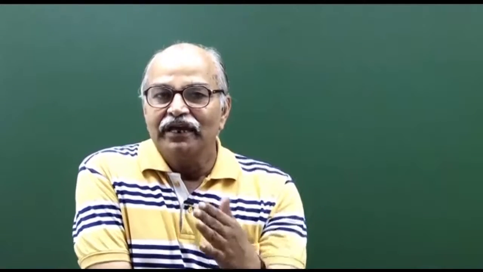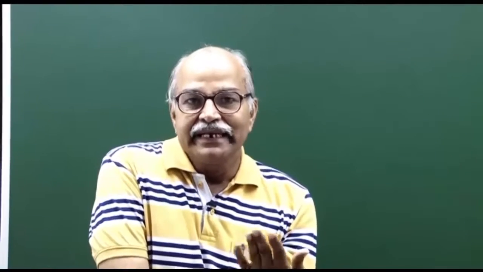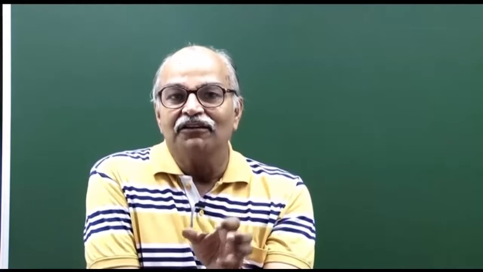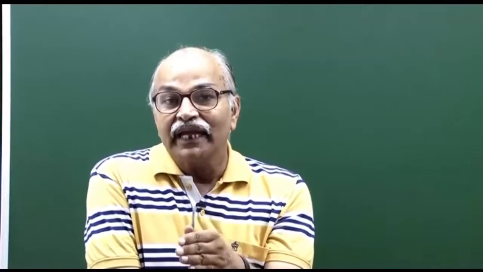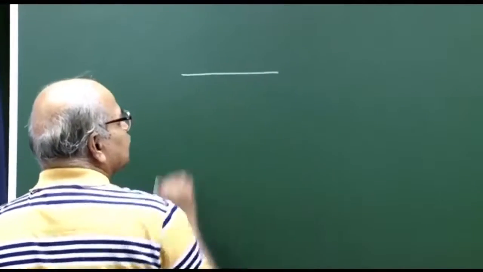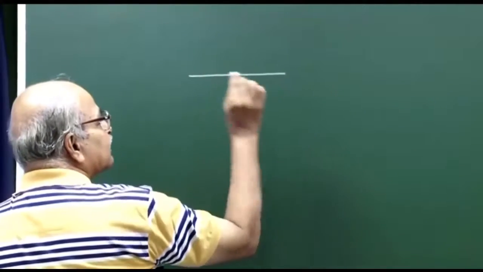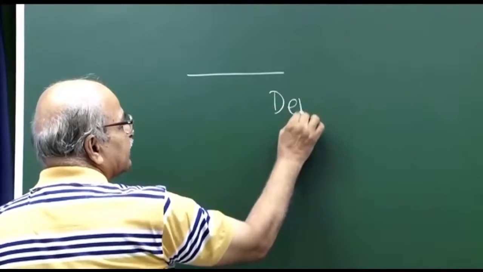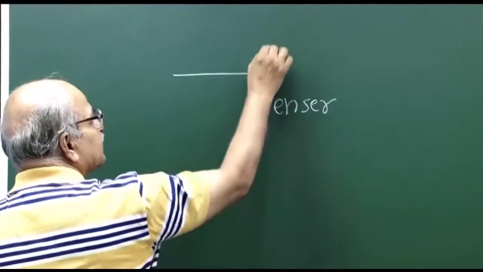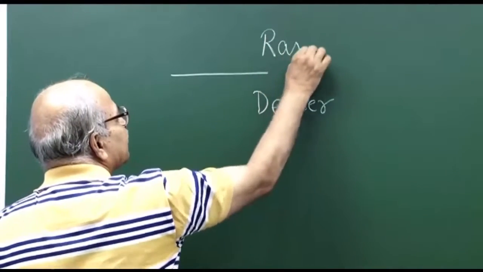So the first issue is that total internal reflection takes place when light goes from denser medium to rarer medium and the angle of incidence is more than the critical angle. So what is that critical angle? If you have a separation surface here and you have a denser material here, optically denser, that means more refractive index, and rarer medium here.